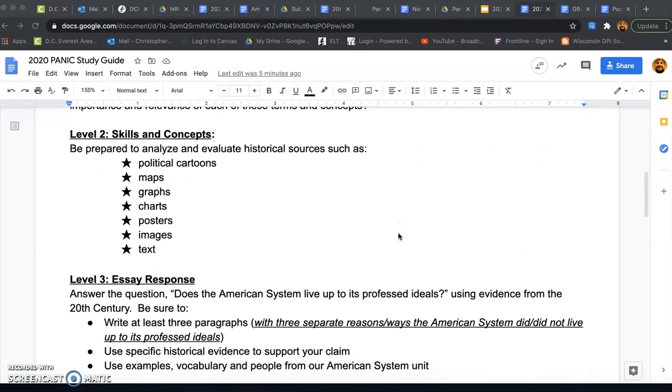Part two is a section where you're going to be given either some sort of political cartoon, maybe a poster or an art piece, maybe an excerpt of a speech, it might be a chart or graph, and you'll have to analyze those things and answer some multiple choice questions, dealing with, of course, the American system in some way, mostly focused on our 20s and 30s, things that we've studied over panic.